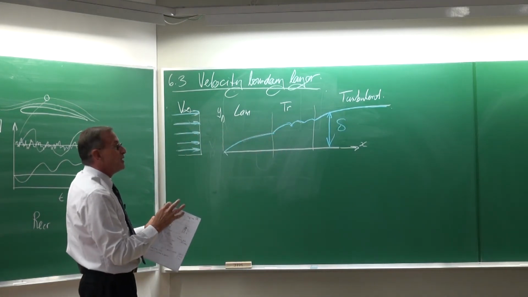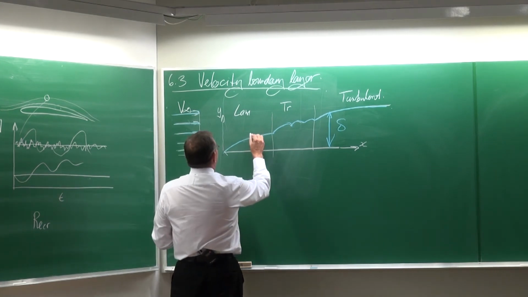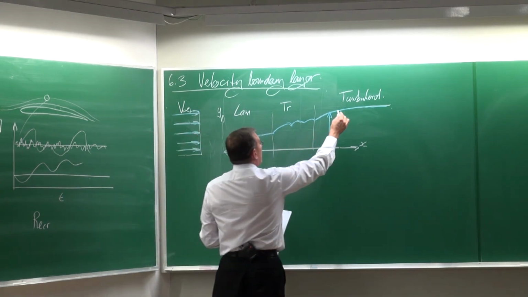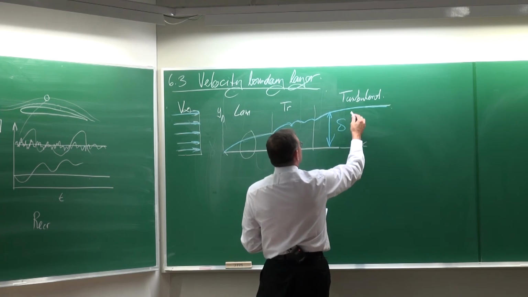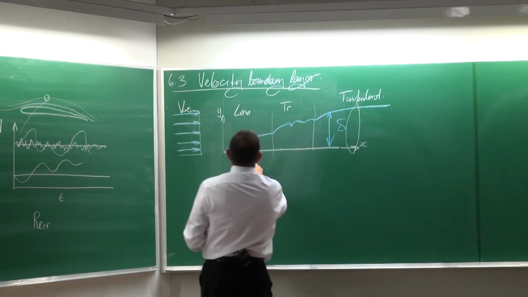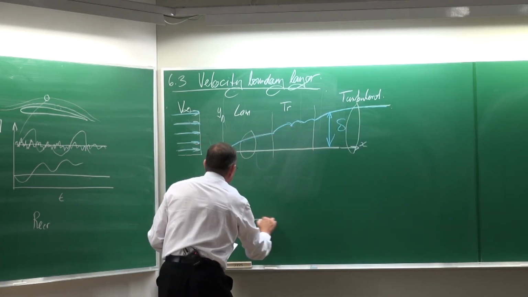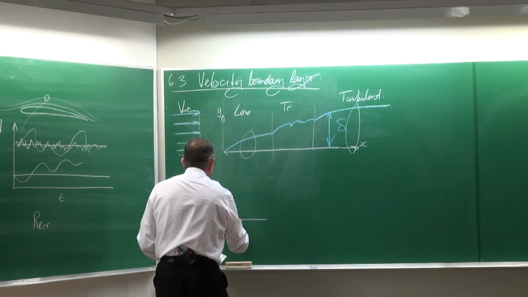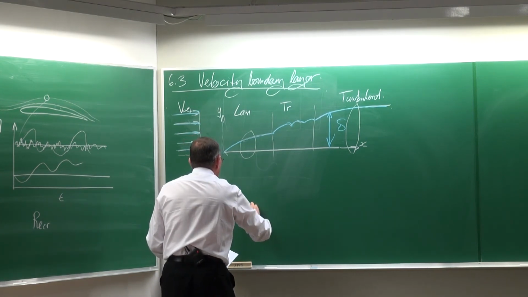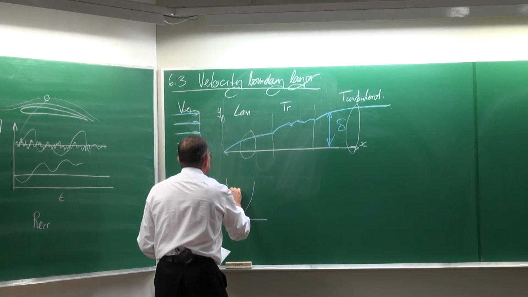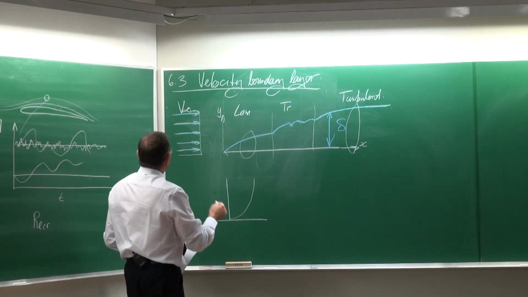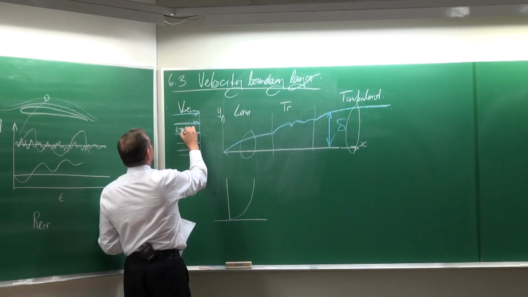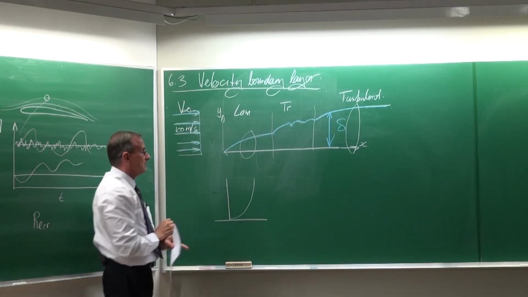That is the boundary layer thickness. How do we determine the boundary layer thickness? Well, firstly, by looking at the velocity profiles. If we look at this velocity profile, and I'm going to enlarge it, then near the wall, it is going to do something like that. Let's suppose this velocity is 100 meters per second.